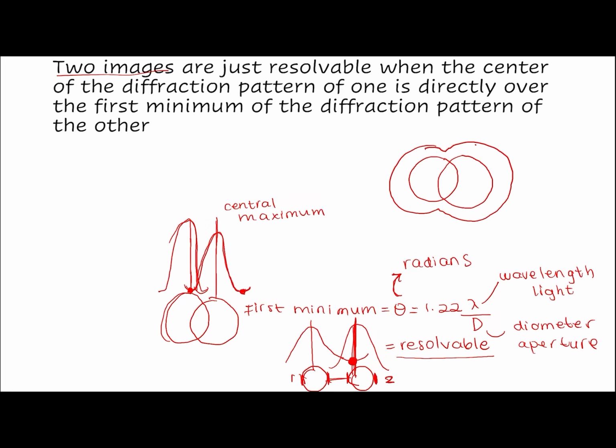But if they follow the Rayleigh criterion, that wouldn't be the case. So I hope that now you understand what the Rayleigh criterion is, and that all of these important words like resolvable, diffraction pattern, and first minimum are not difficult to understand. But yeah, hope you like the video.